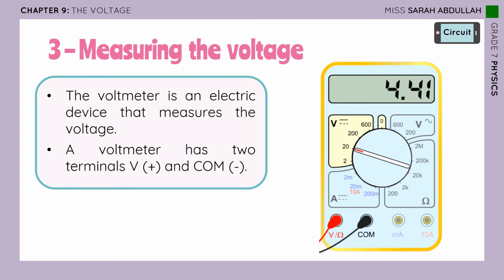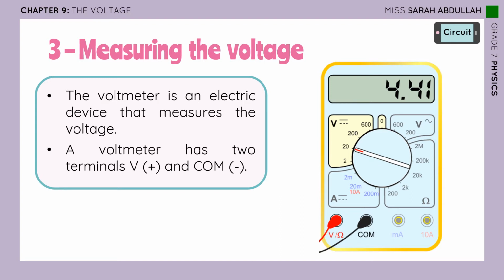So a voltmeter has two terminals like an ammeter. It has the positive terminal, which is the V terminal, and it has the negative terminal, which is the COM terminal. So now it has a V and a COM. COM is short for common.